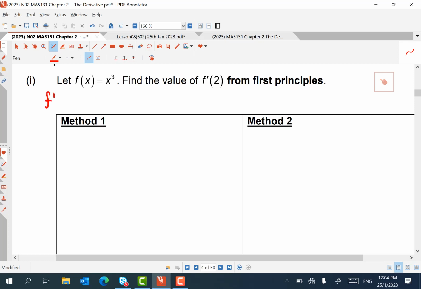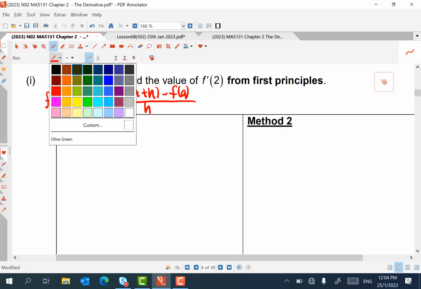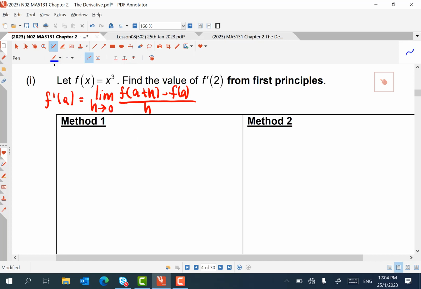Remember, f prime a on the one hand can be written as the limit as h goes towards 0 of f of a plus h minus f of a over h. On the other hand, f prime a is equal to the limit as x tends towards a.